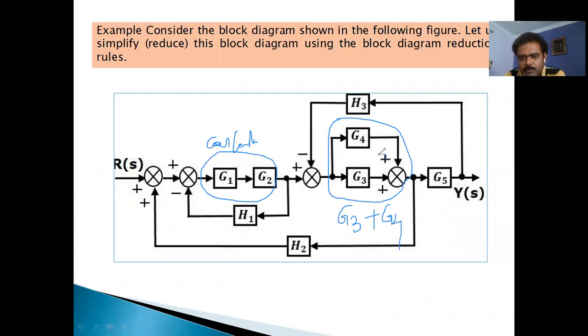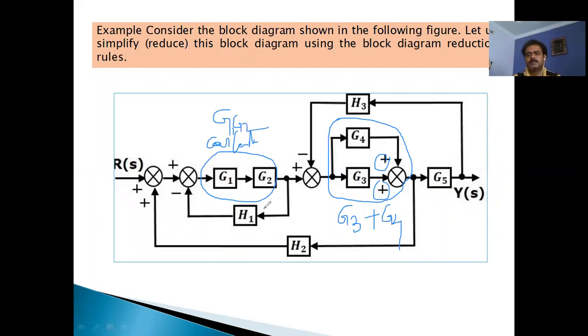Here the sign is positive, this is also a positive sign. So G3 is positive, G4 is also positive. So the result we can replace with G3 plus G4. Here this can be replaced with G1 into G2.